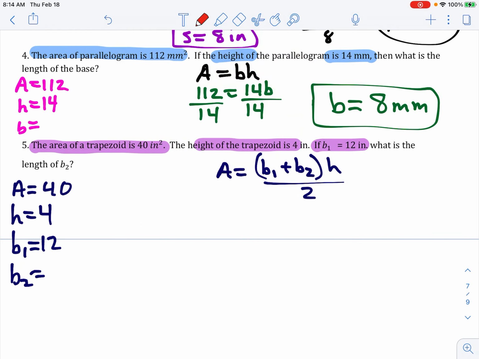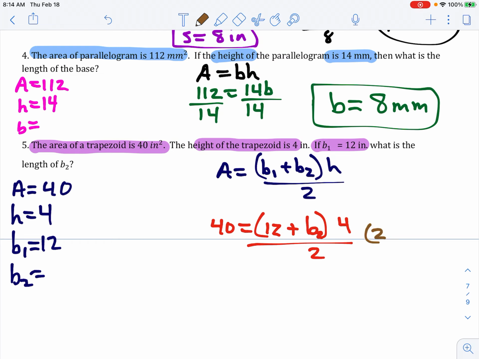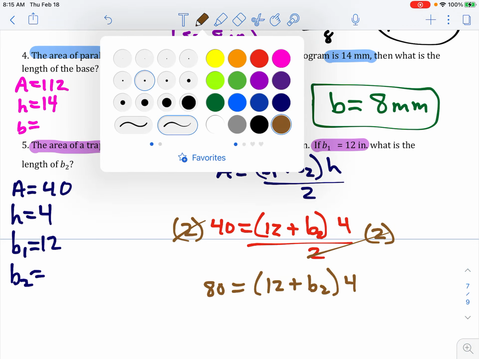So we're going to go to our formula and we're going to plug in the pieces. A is 40. B1 is 12 plus, I don't know B2, so I'll just call it B2. And then our height was 4, and that's all divided by 2. We're going to go ahead and solve this first. Let's multiply both sides by 2 to get that fraction out of there. I'm left with 80 equals parenthesis 12 plus B2 times 4.